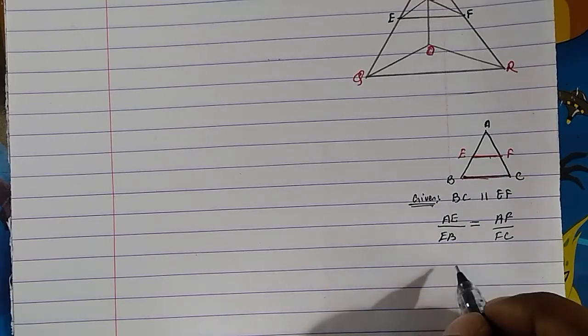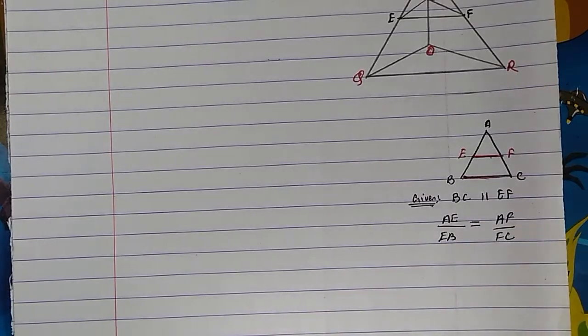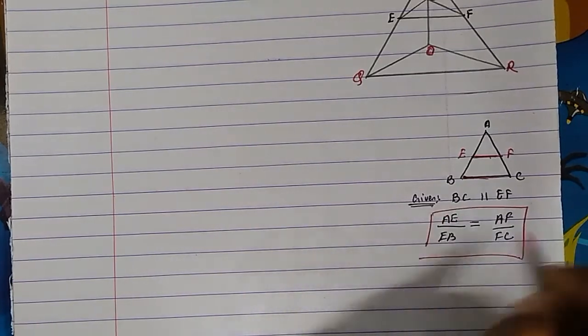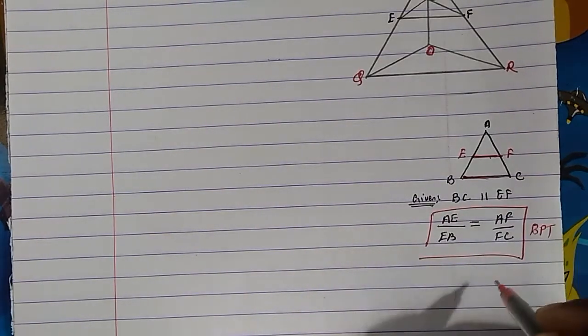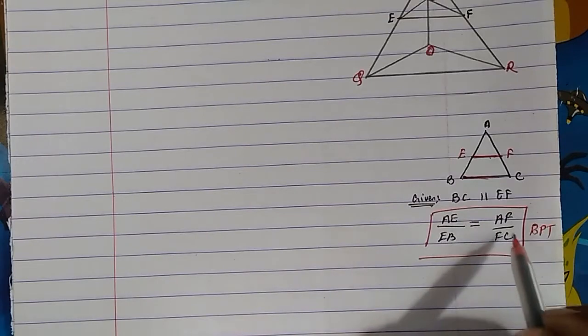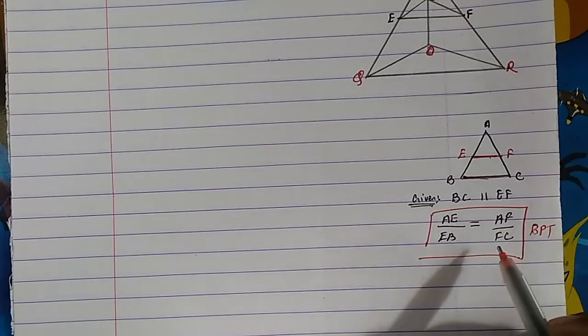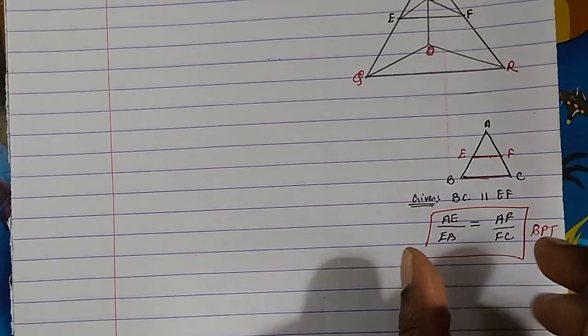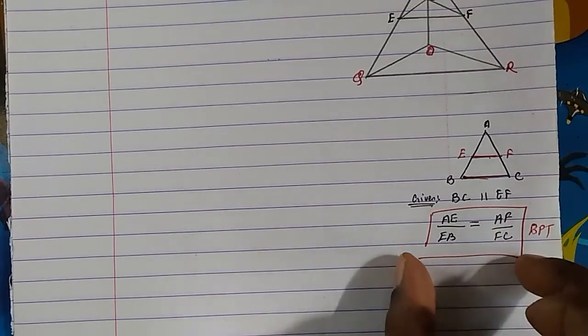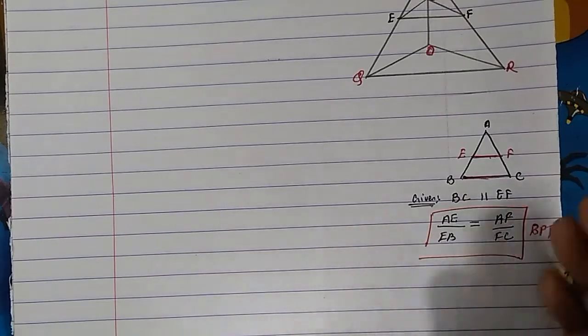So this is what the basic proportionality theorem says. When the line is parallel, then the ratios are equal. Now the converse of it, just the opposite. The converse is that if the ratios are equal, then the lines are parallel.